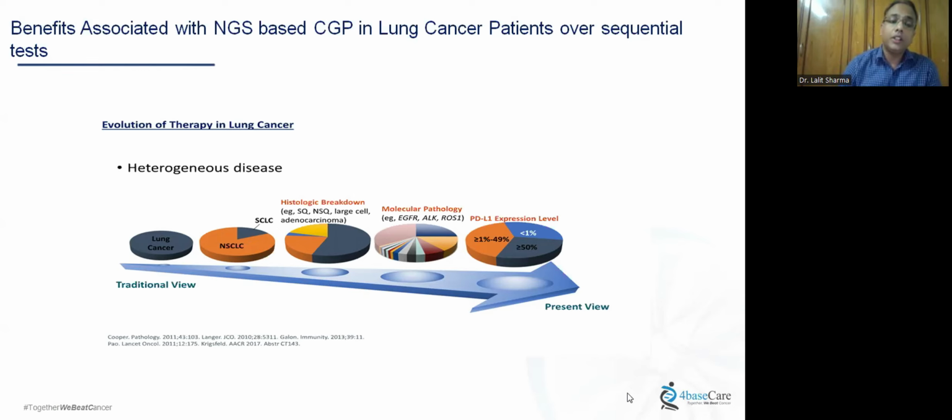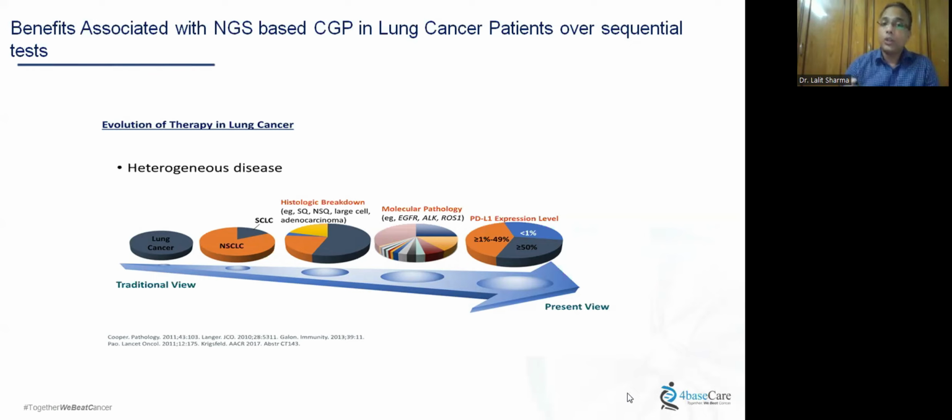era wherein the concept of small cell and non-small cell was introduced. Gradually, we were able to differentiate further histological variants such as squamous, non-squamous, large cell, and adenocarcinoma. But then came the revolution, and the revolution was that molecular diagnostics came into the picture.